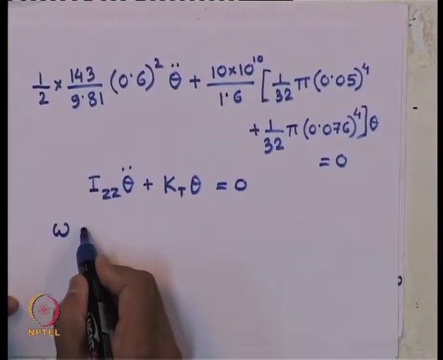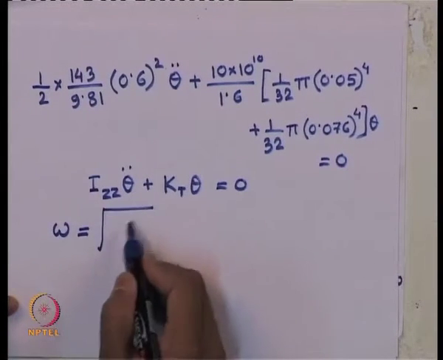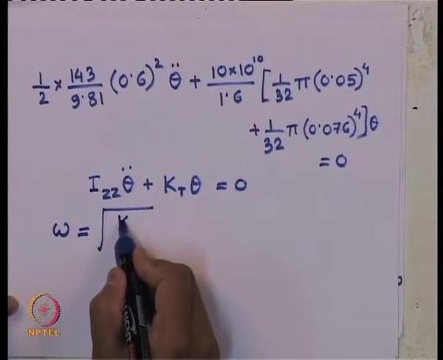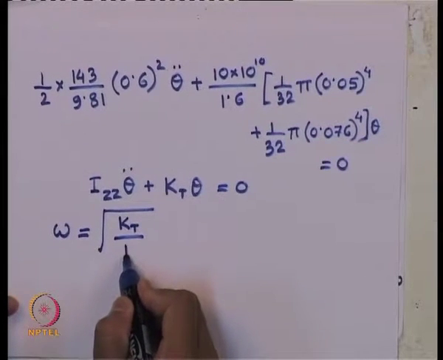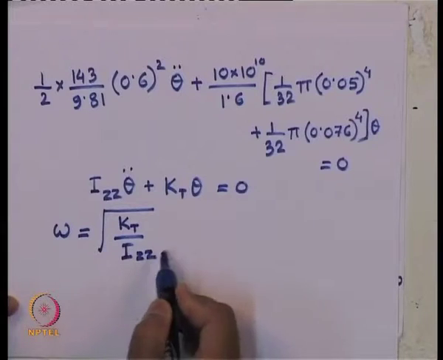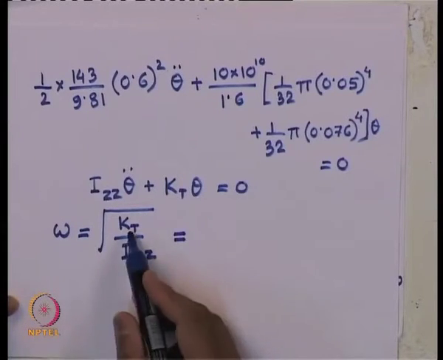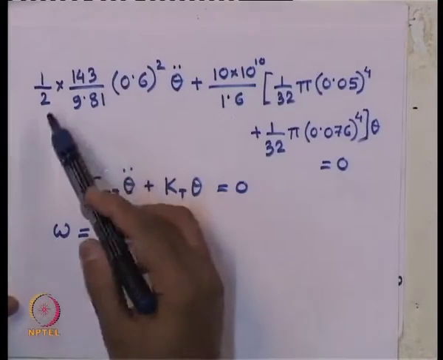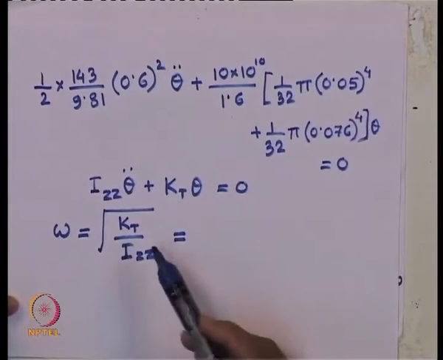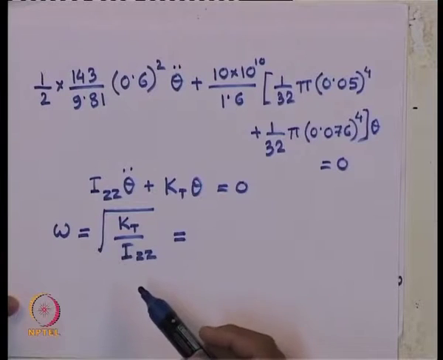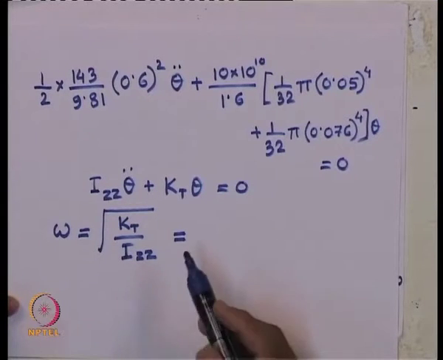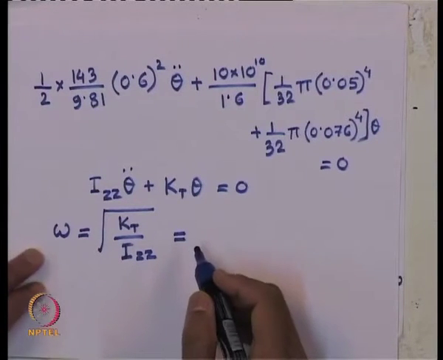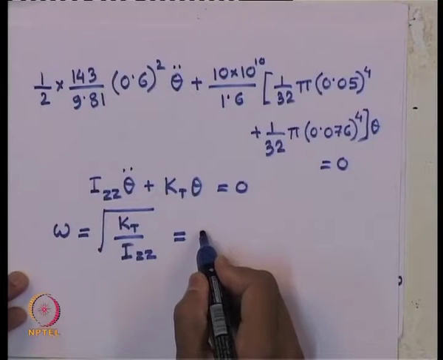Now, how do we compute the natural frequency of the system? That is given by root over k_t by I_zz. The expression for k_t is known to us, and the expression for I_zz is known to us. If we put these values in this equation, we can find out the natural frequency of the system.